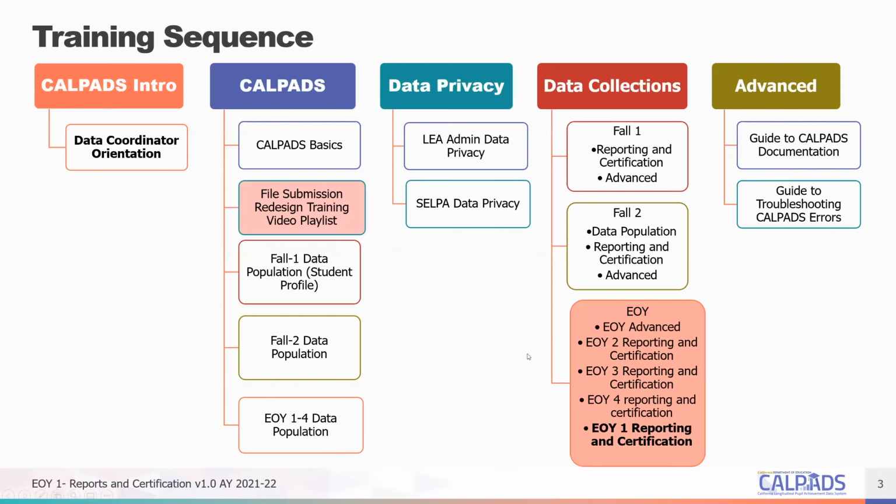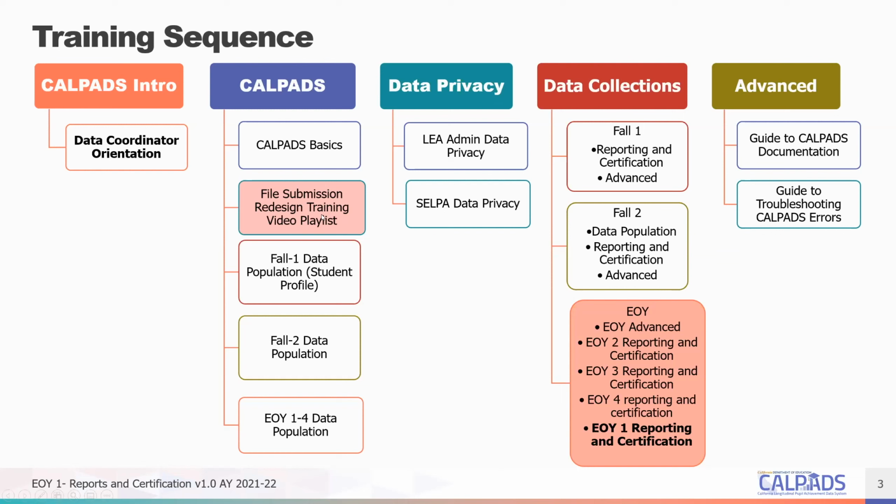So this session is just part of a series of training that we conduct here at CSIS. We do have a combination of self-paced training and live sessions that we do every submission. As you can see, we have the end of year 1 reporting and certification here. And then we also have those CalPADS basics and data population training, and also an update on the file submission redesign.